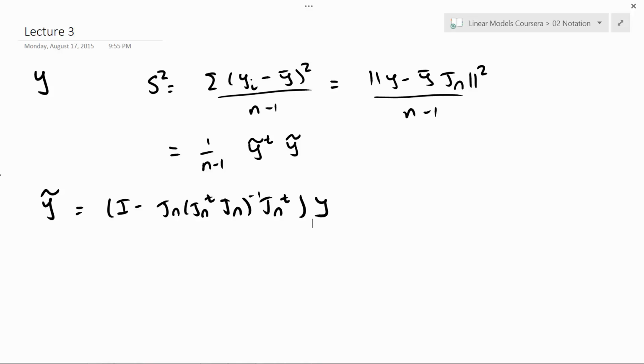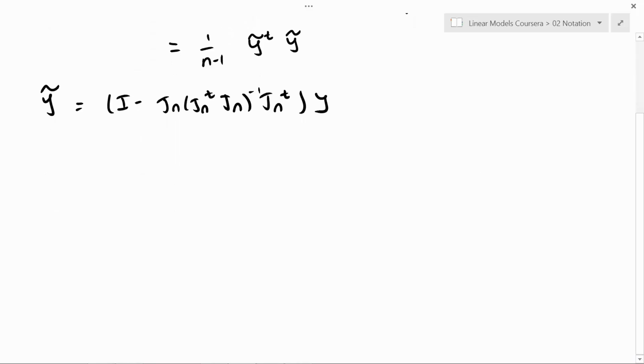Now it's interesting to note some things about computing the variance this way. First, let's just ignore the 1 over n minus 1 and focus on the y tilde transpose times y tilde part.